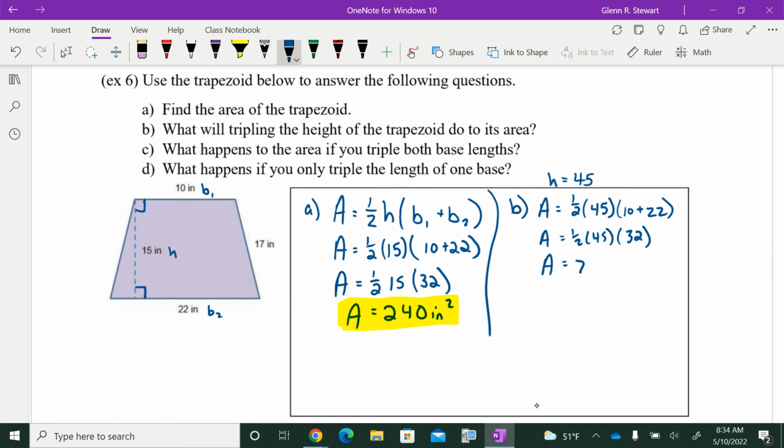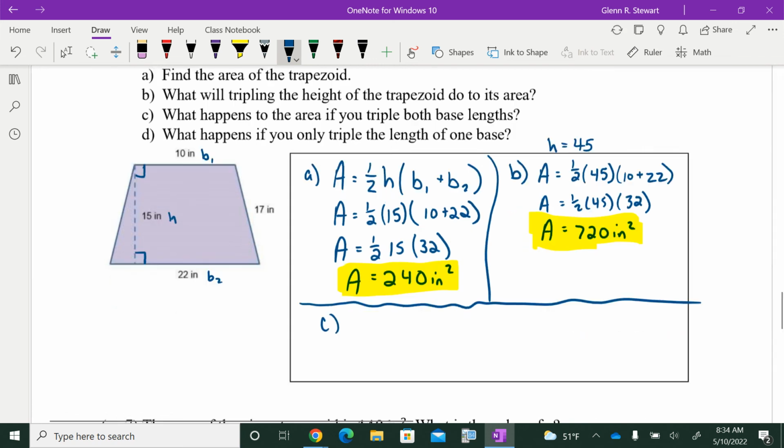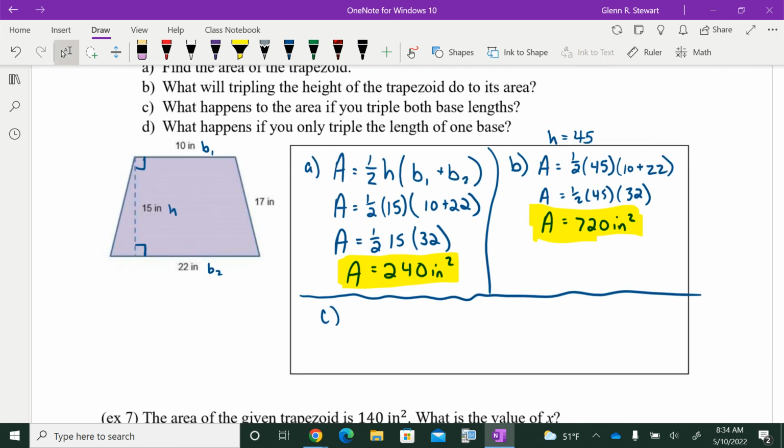And then you should get 720. If I'm incorrect at all, somebody just double check me or raise their hand. What do you notice about it? What happens compared to the original? Connor? It tripled. So on part C, okay, so if we triple the height, it'll triple our area.